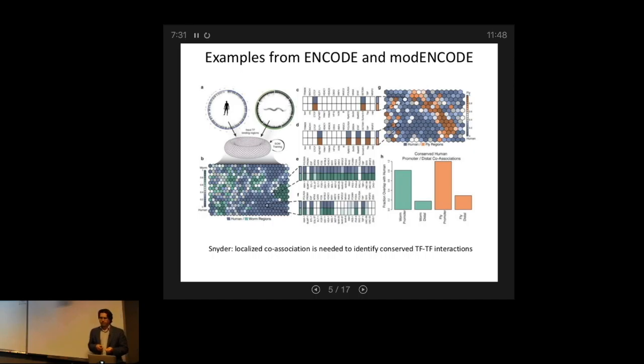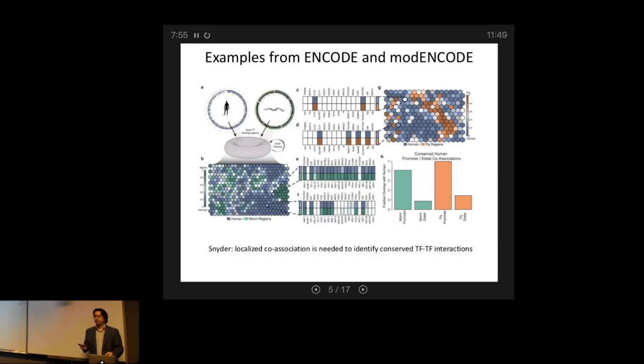One of my favorite findings was from Snyder's group in the last round of joint ENCODE modENCODE publications. One of the things he thought he was going to get out of analyzing 3 species, where we had many hundreds of transcription factors ChIP-seqed in each organism, was that the co-association profiles for the transcription factors were going to be conserved.